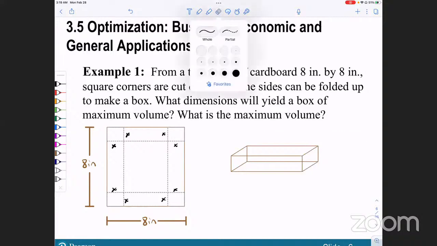And just to give it that 3D effect, we're going to do a partial erasure.